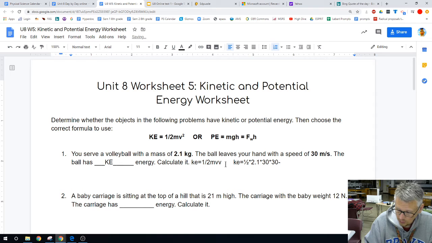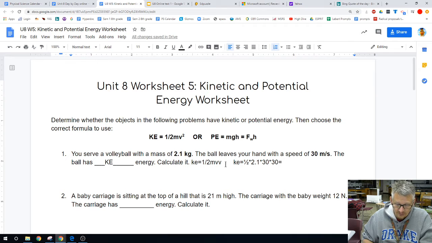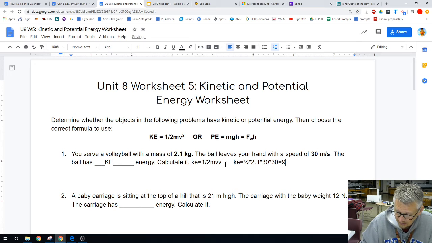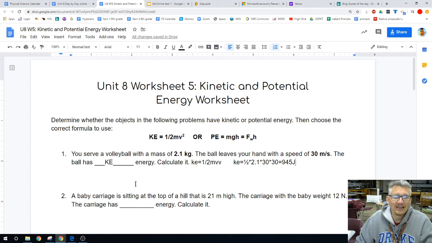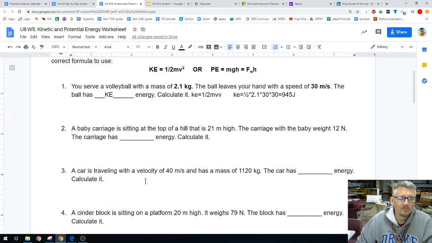And we are then going to say KE is equal to 0.5 times 2.1 times 30 times 30, and I get 945. And that is going to be labeled in joules, or J. So that's an example of kinetic energy.